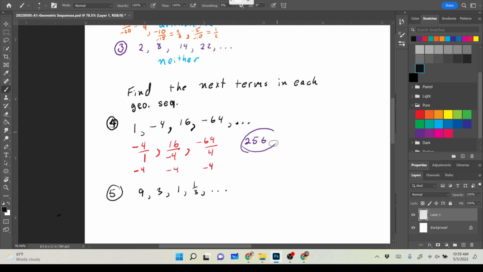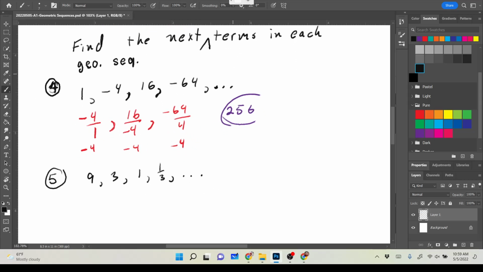We should write the rest of the instructions and finish this problem: find the next 3 terms. Then we can get to Aiden's first answer. What will be the next term in this one? Negative 1,024.